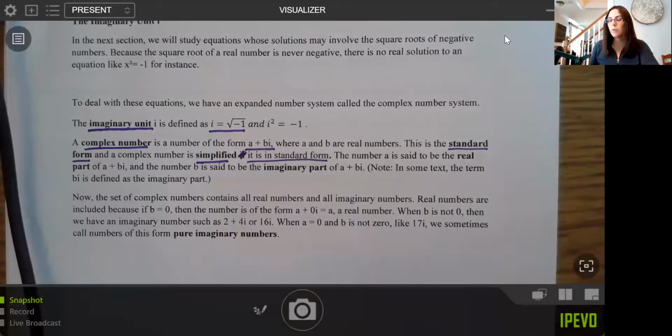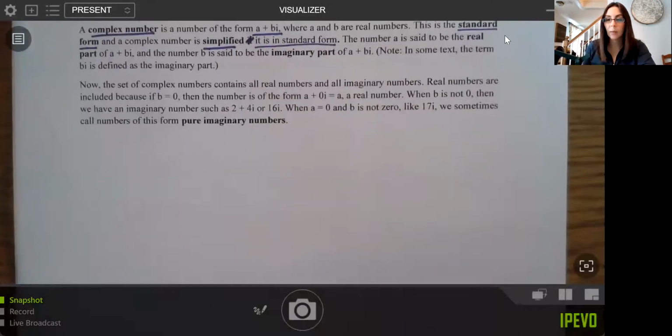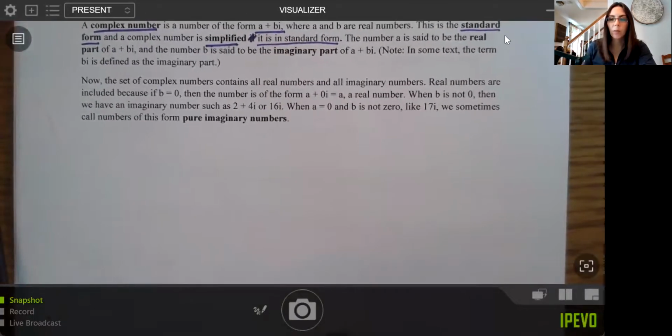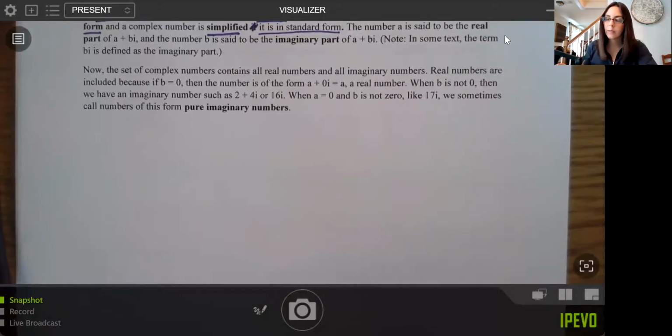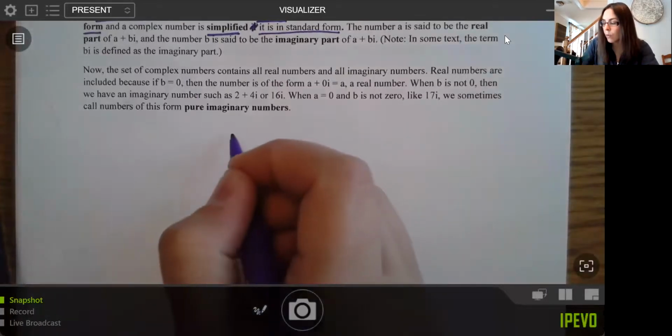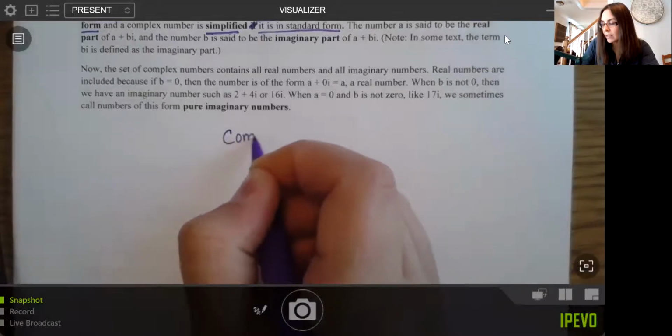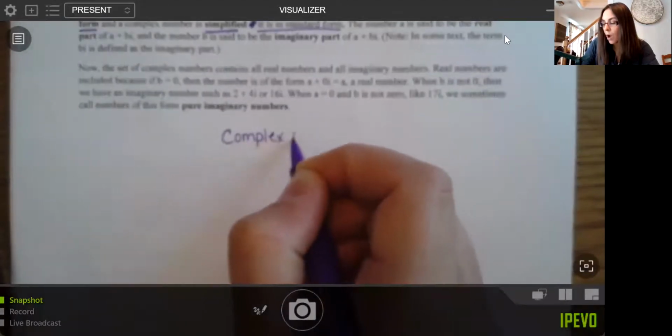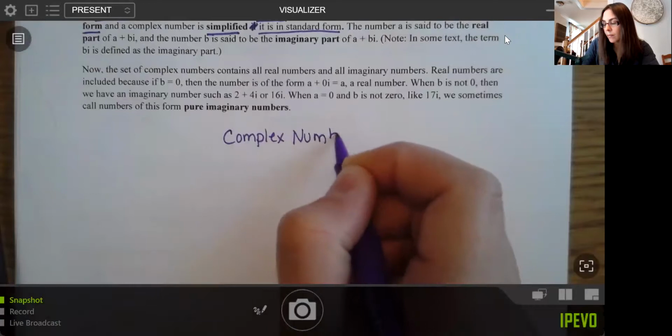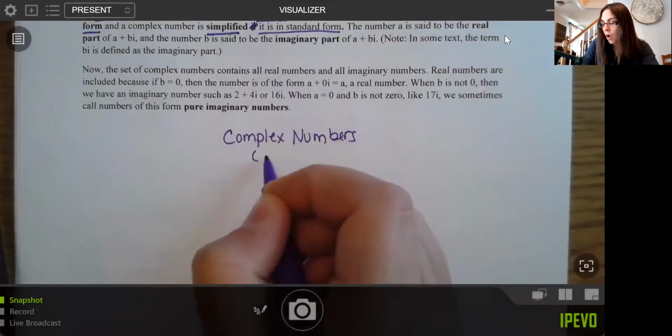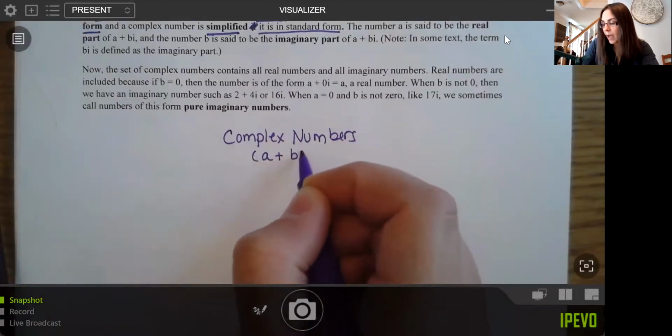Before I go on, I want to break this down a little bit further. A lot of students have trouble not with working with complex numbers, but with understanding what they are or what the system is. So we have a system of numbers beyond the real numbers. Complex numbers are all numbers a plus bi.